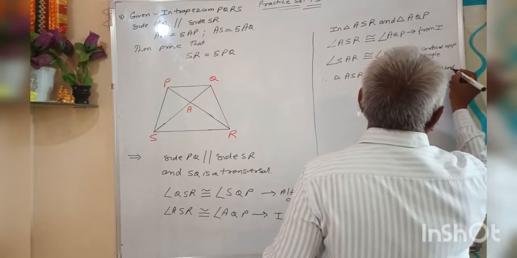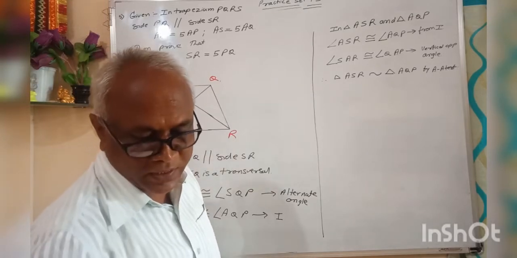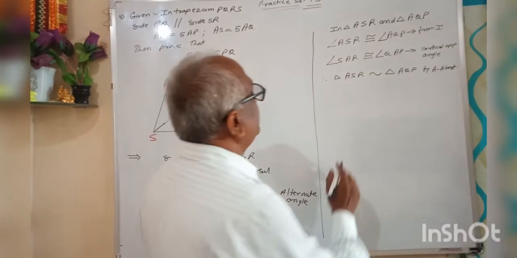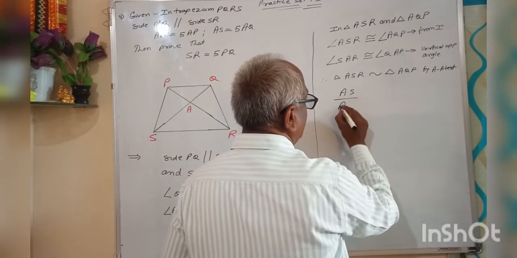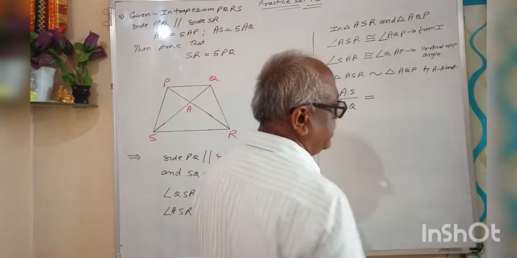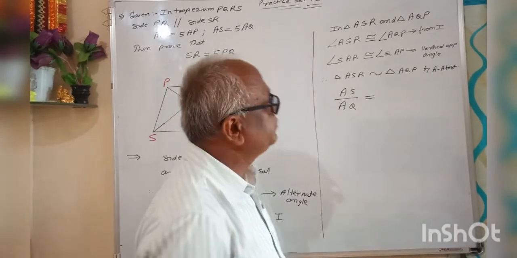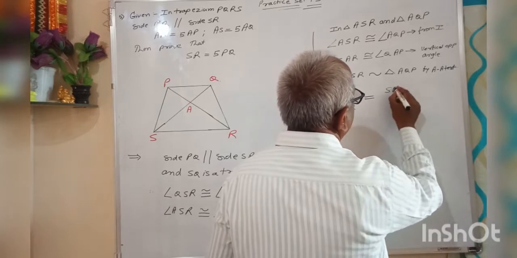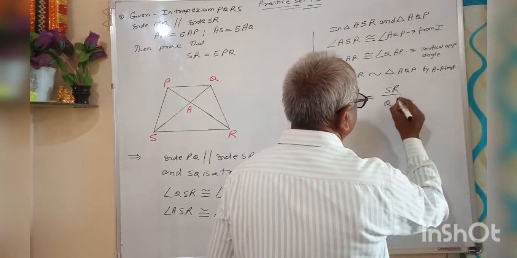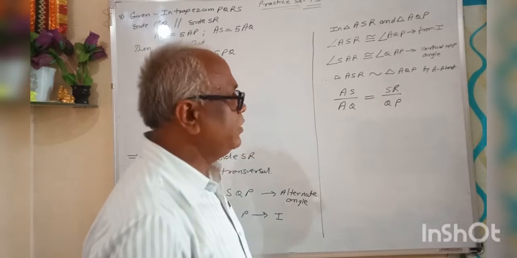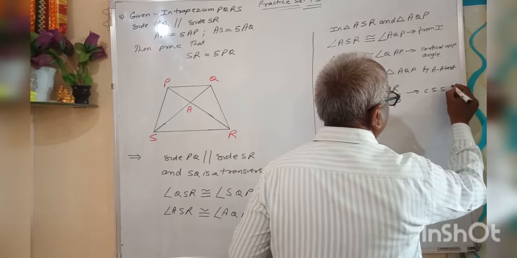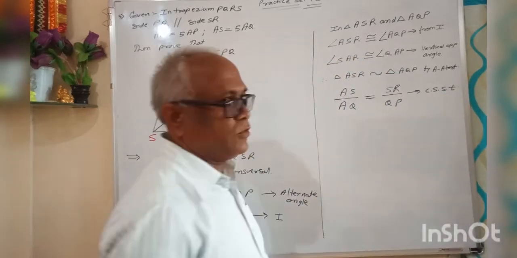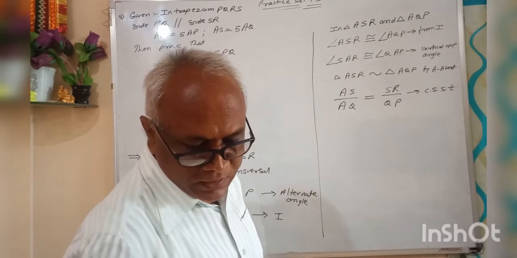If the two triangles are similar by AA test, then AS upon AQ is equal to SR upon QP, that is corresponding sides of similar triangles.